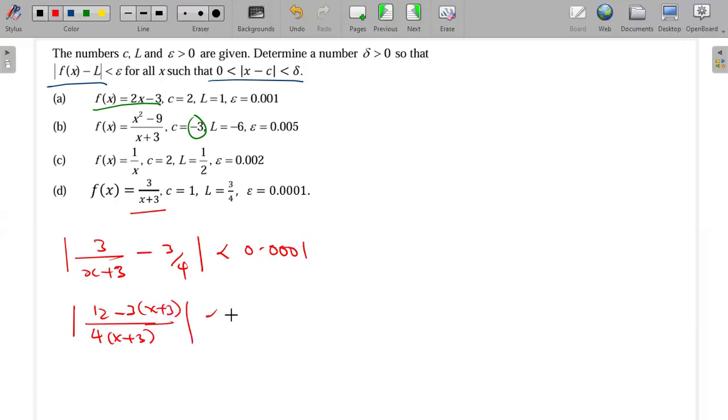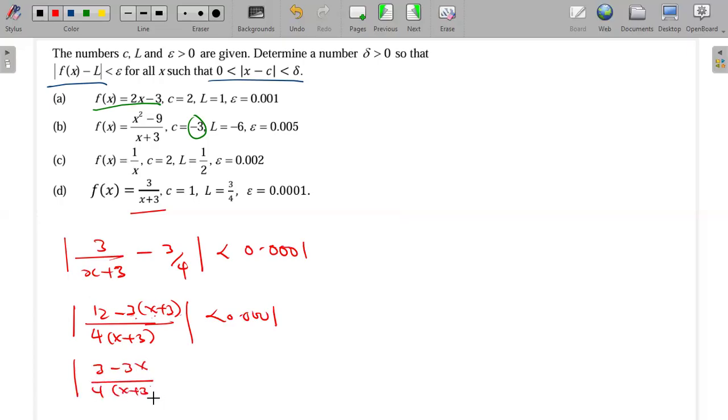Okay, then less than 0.0001. And then here, make this into a single fraction, work this out properly, clean it up. In short, here you have a 3x, negative 3x, there you have a 9, negative 9. So negative 9 can subtract with the 3, you get 3. So 3 minus 3x here over 4 times x plus 3.